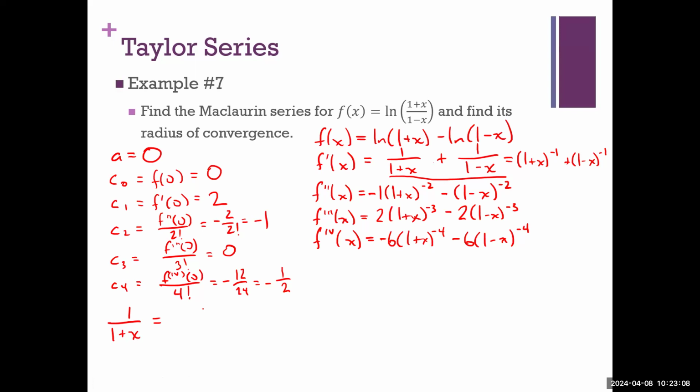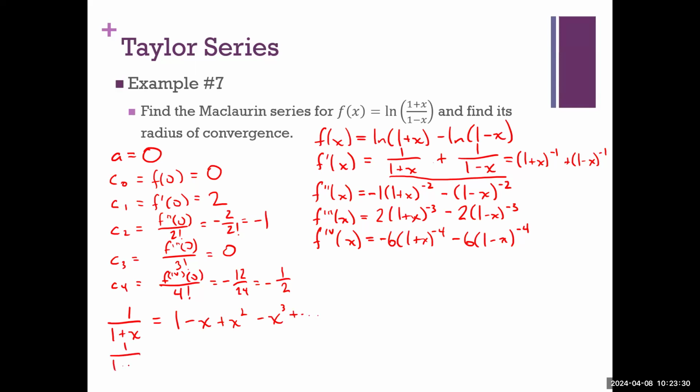How does that come out? Close. 1 minus x plus x squared minus x cubed and so on.